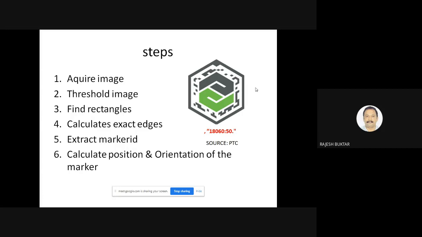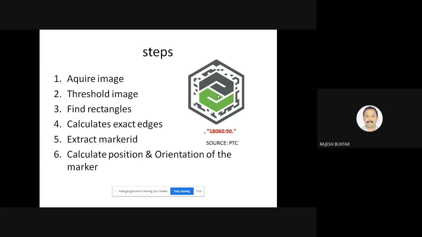Compared to the previous slide, I have documented these steps: acquire image, threshold image. Just to tell you, threshold image means the black and white images that I have told you about. Here again we end up in another area of image processing, where image processing algorithms will convert an image into a threshold image, meaning a binary image, that is black and white, 0 or 1.